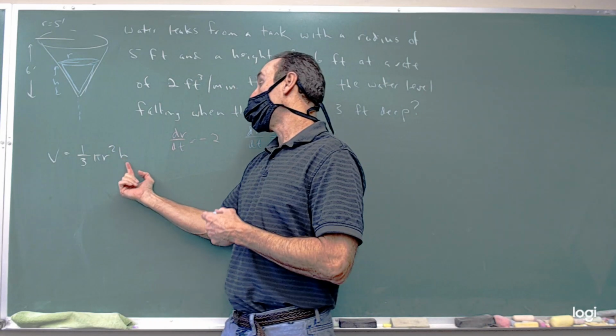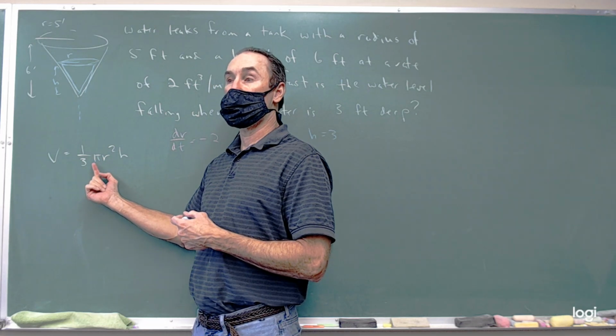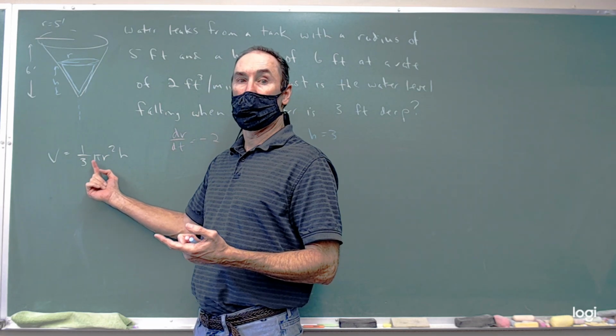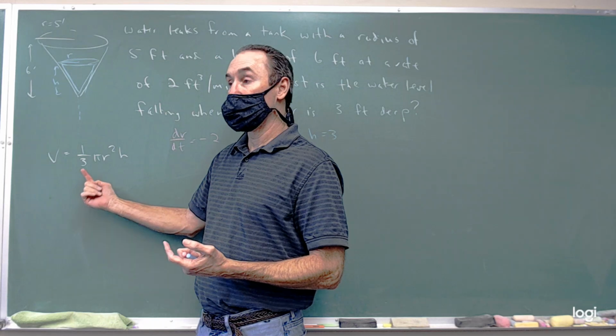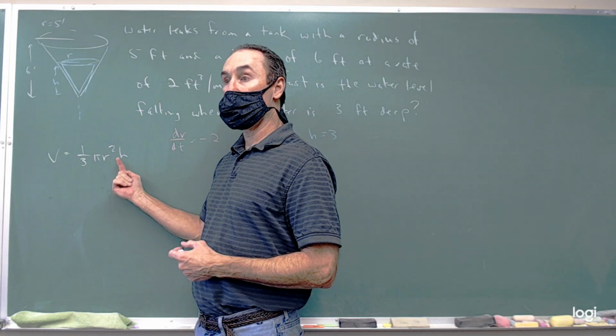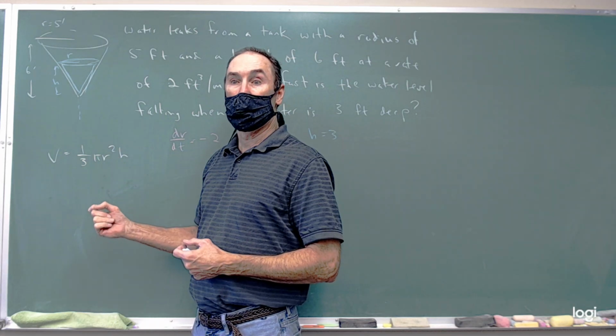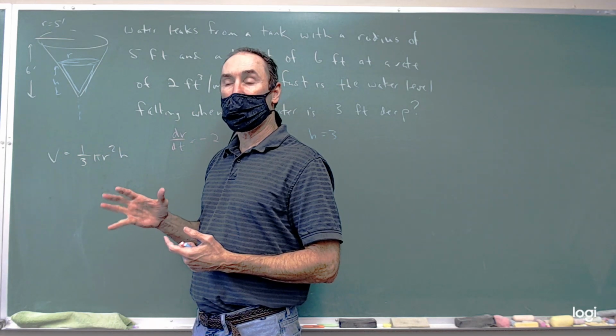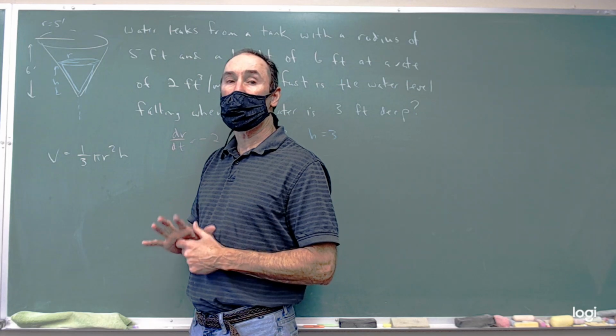But then we're going to get an h times, and when we differentiate this, part of that derivative will be a dr/dt, which we don't know. And so that would be two things that we don't know in the same problem. We could figure it out, but there's an easier and more efficient way.